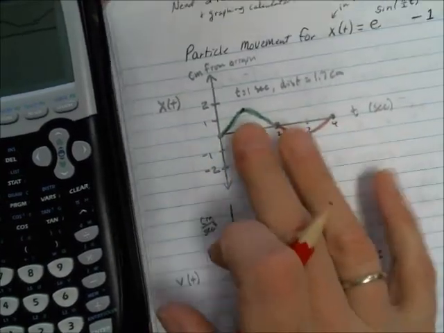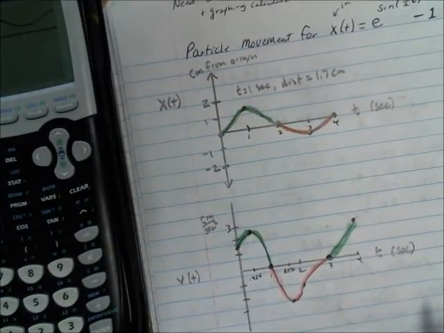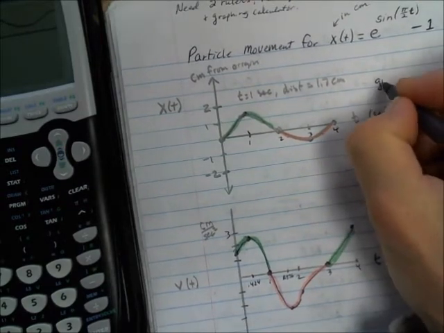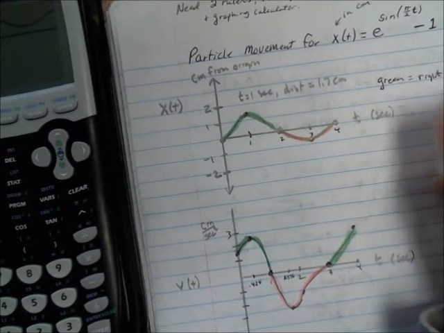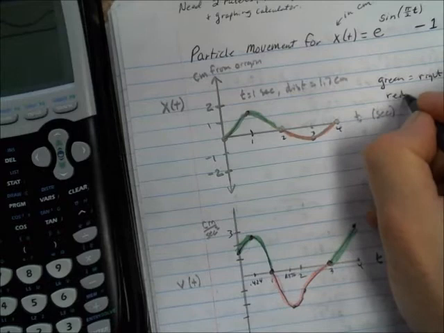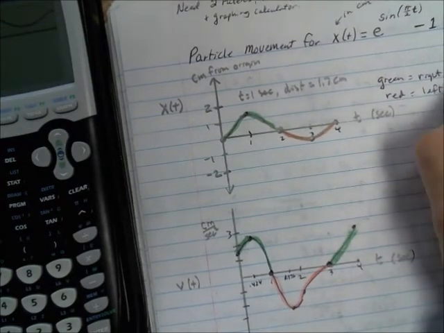So up here, what does it mean when the position function is above the t-axis? I'll write it in here. Green means to the right of the origin 0, 0. And red means it's to the left of 0, 0. We haven't graphed this on the x-axis yet, but we will.